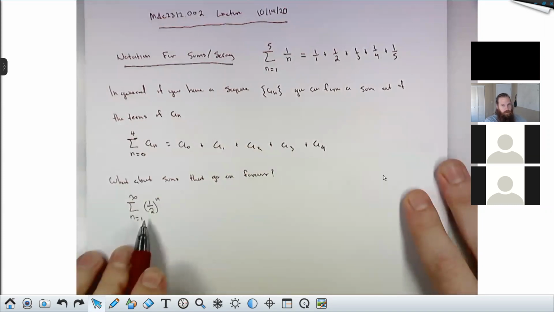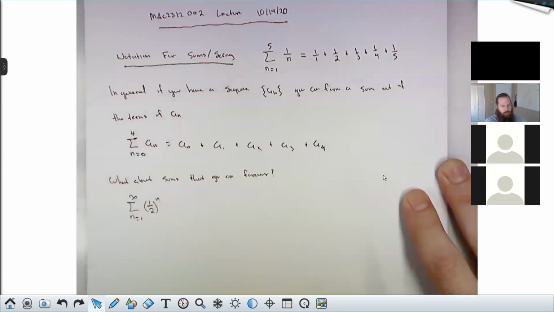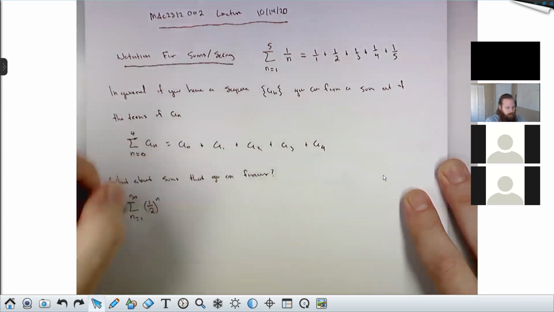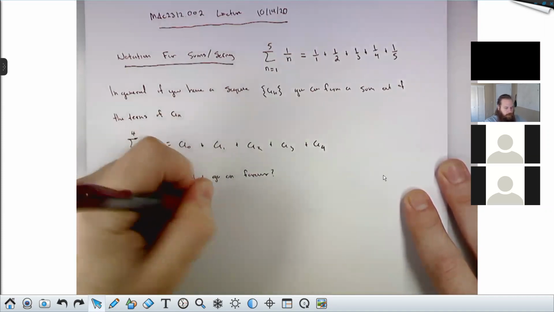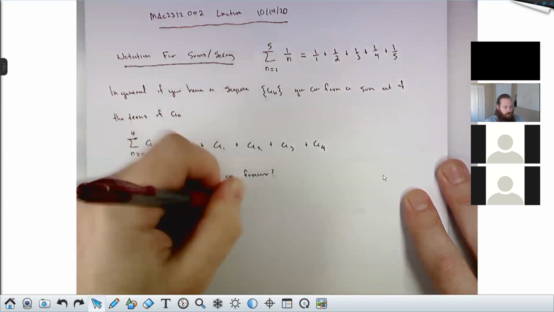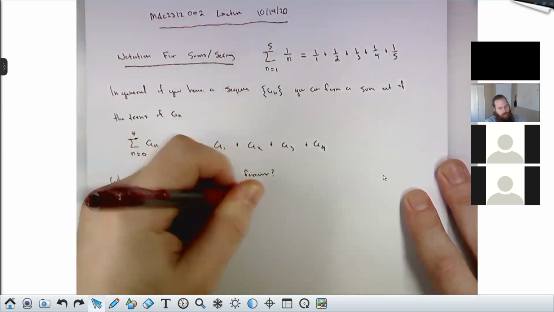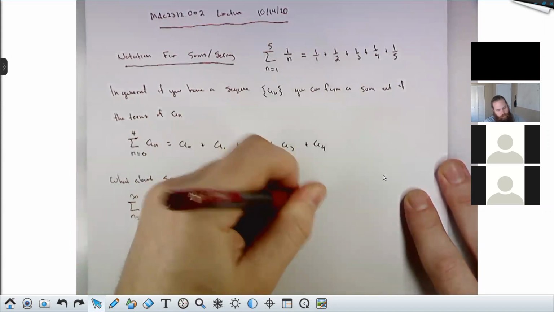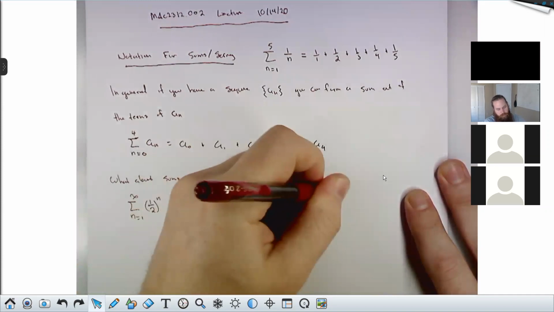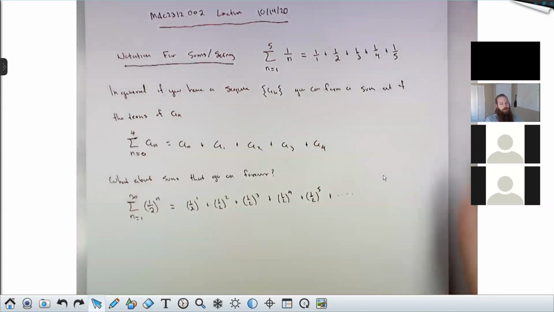I could start writing this out with the same intuitive idea of the summation notation. This says add up all these powers of 1/2 as the power n goes from 1 all the way to infinity. So this would be like 1/2 to the 1 plus 1/2 to the 2 plus 1/2 to the 3, plus 1/2 to the 4, plus 1/2 to the 5, plus 1/2 to the 6, 1/2 to the 7, 1/2 to the 8, on and on and on, forever.